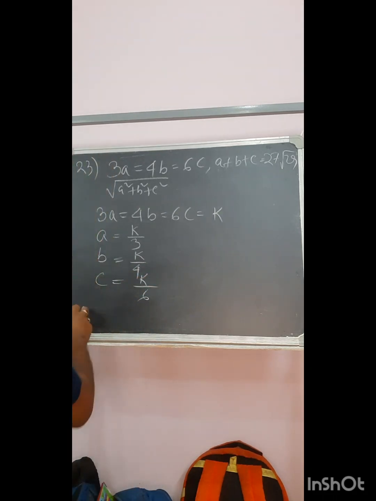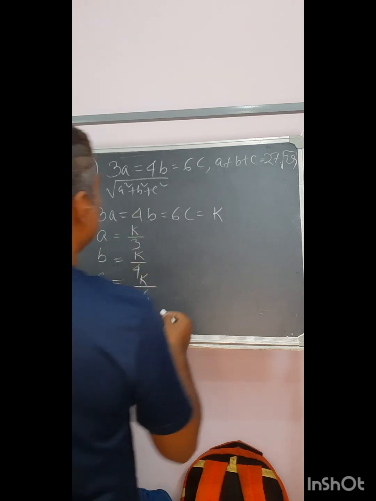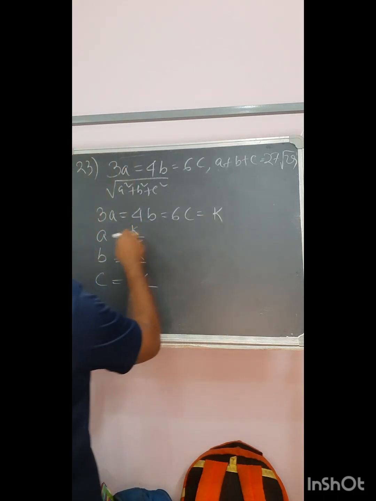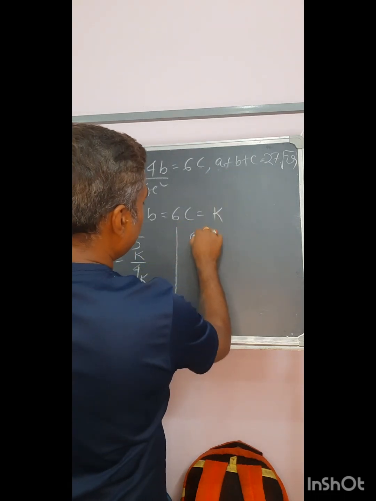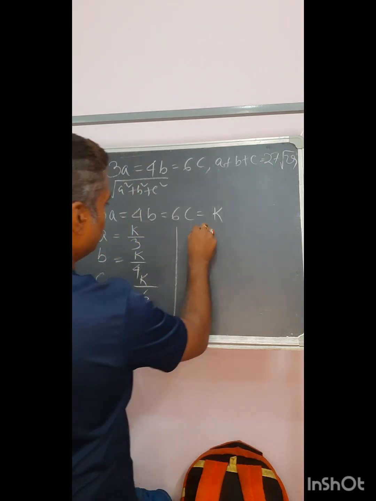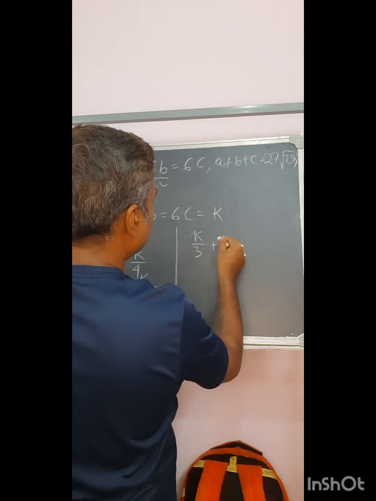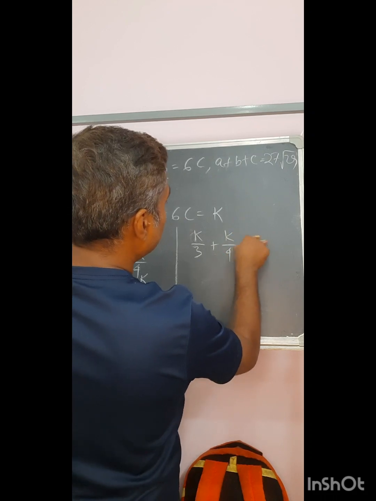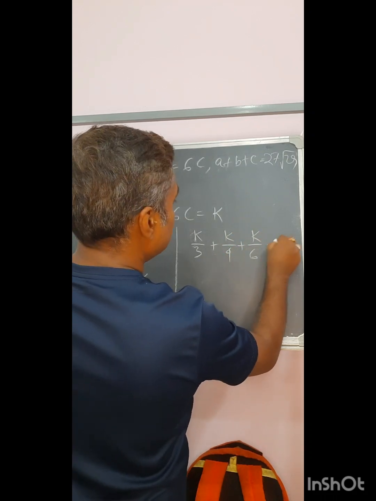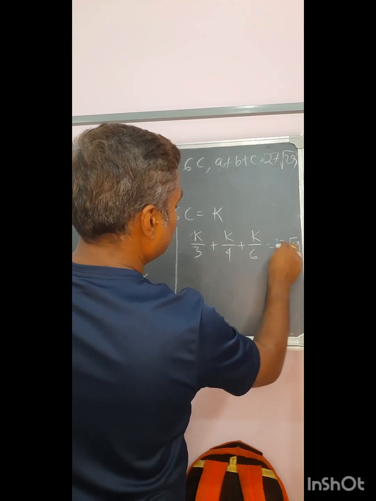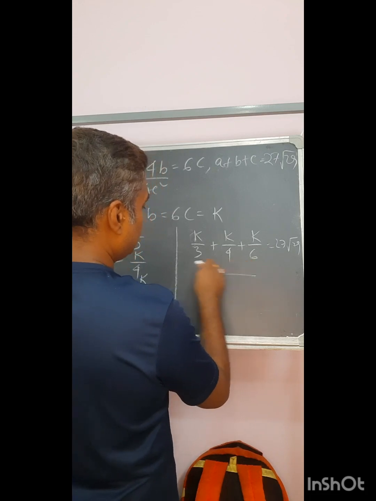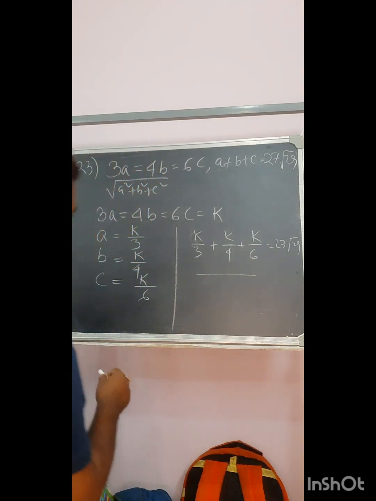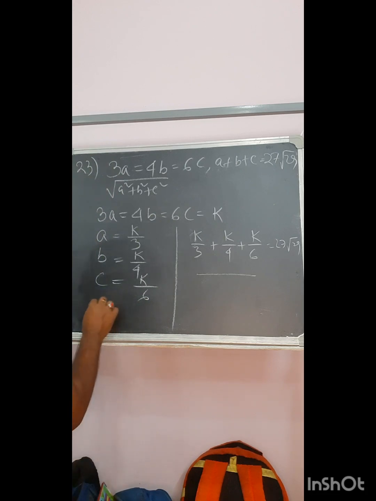So these variables depend on k, which is a constant, similarly related for a, b, c. Then a plus b plus c, if I put the values k upon 3, k upon 4, k upon 6, equals 27 root 29. So if I take the LCM of 3, 4 and 6, it will be 12, I suppose.